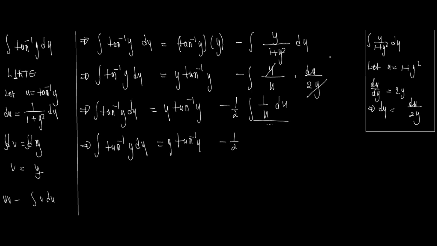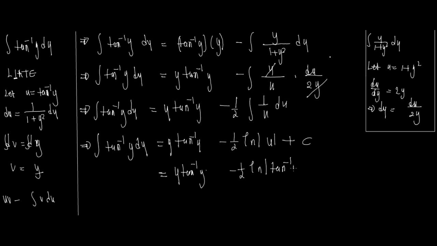the integral of 1 over u, which is equal to the ln of the absolute value of u, plus C. So are we done with the problem? The answer is no. We need to write everything in terms of y. So where there is u, we need to put y. So this one will be y arctangent of y minus 1 over 2 ln of, what is u? u is the arctangent of y.